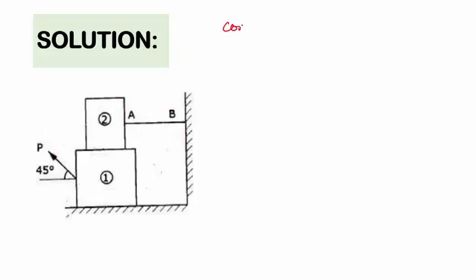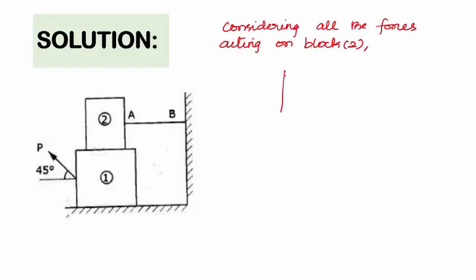Considering all the forces acting on block 2, this is block 2. It is connected with a string AB, so there will be a tension force along this direction. We can name it as tension in AB, TAB.